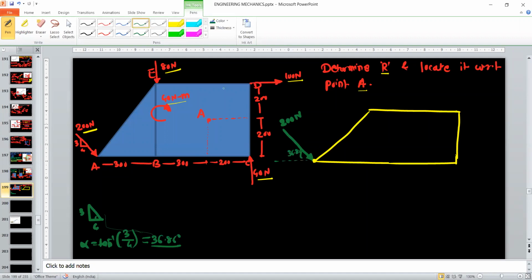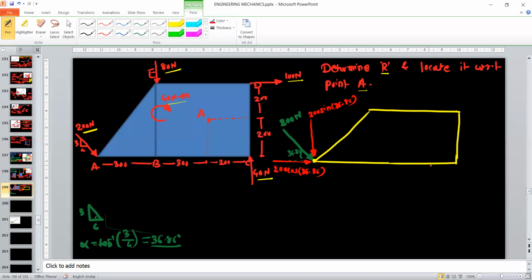Now resolve the forces. You can draw the x component like this, and this is the y component. This x component is adjacent to the angle 36.86, so its value will be 200 cos 36.86. The y component is opposite, so this is 200 sine 36.86.